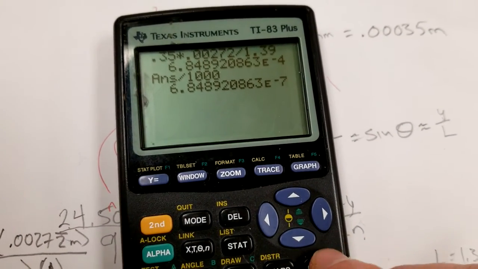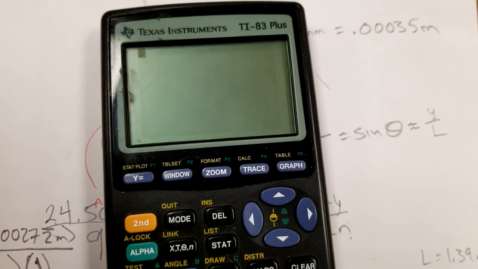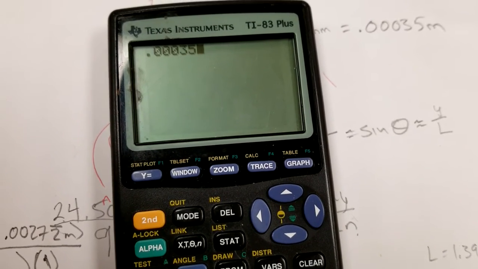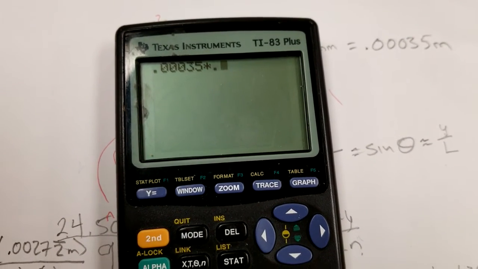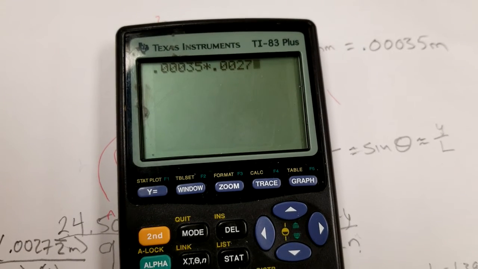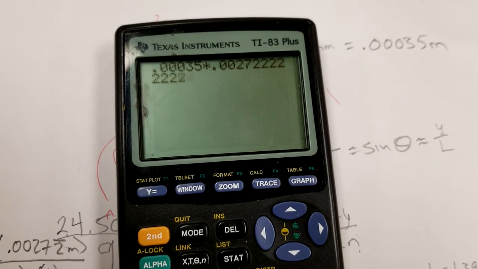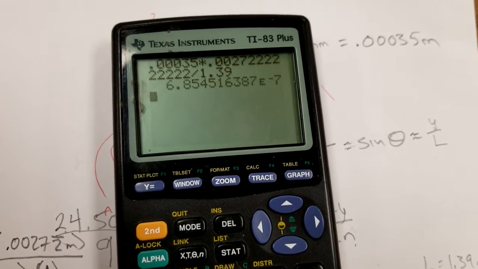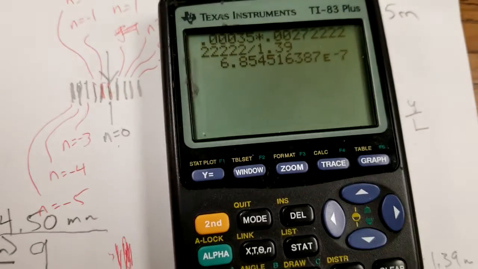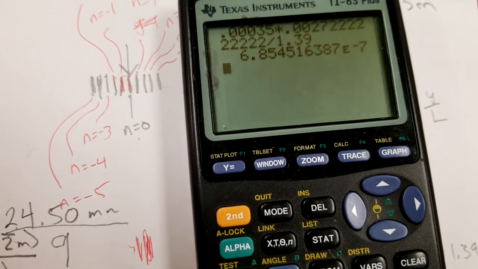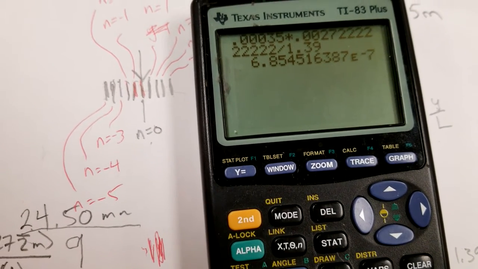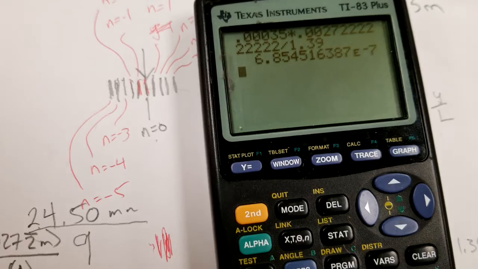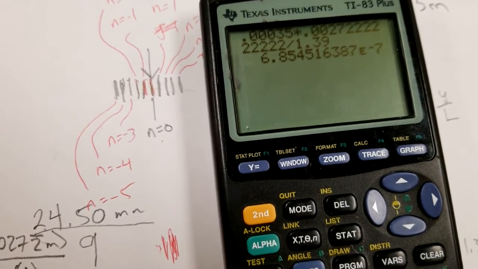There are the calculations I'd already done, but let's do it from scratch here. 0.00035 times 0.00272 repeating, divided by 1.39, and we end up with 6.8545 times 10 to the negative 7th meters.